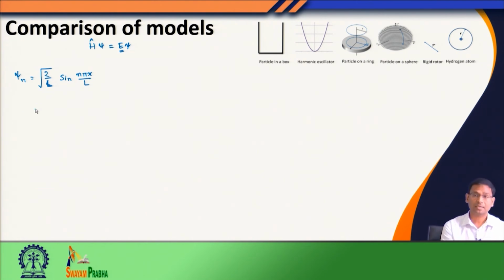When we look at some of the lowest energy eigenfunctions, we see that this is a sine function between 0 and L. So, when n is 1, we simply have the function like this. When n is 2, we have a function where we see a node appearing at L by 2. See, when x equals L by 2, this function becomes 0.